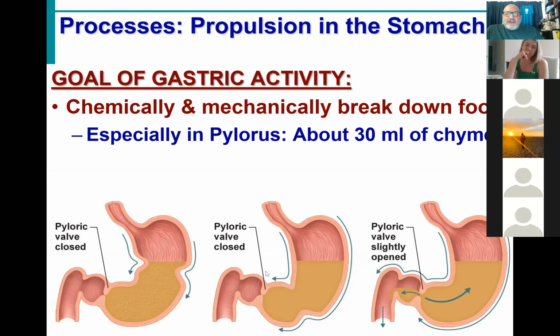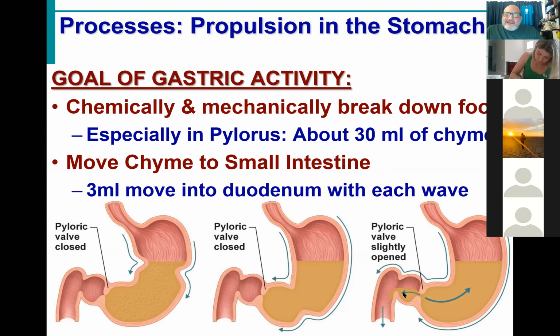This pyloric region holds about 30 milliliters of chyme. And each of these contractile waves, these peristaltic waves that go through, presents about 3 milliliters of our chyme into the duodenum, into the beginning of our small intestine. So 3 milliliters at a time.